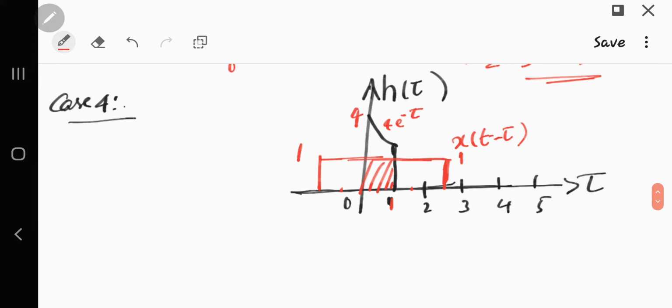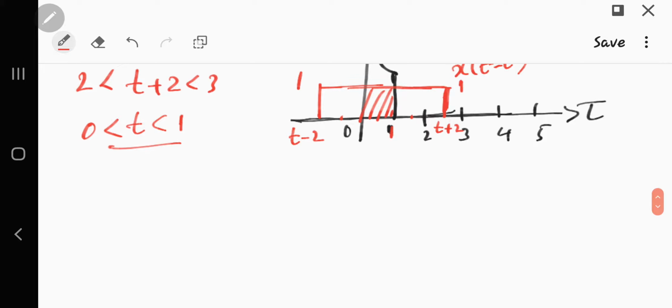Now how to define this case for this one is t minus 2, this one is t plus 2, this end. So for t plus 2 less than 3 greater than 2, if you simplify this, you will get the region between 0 to 1.